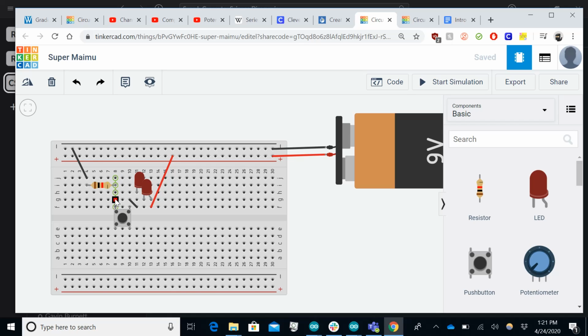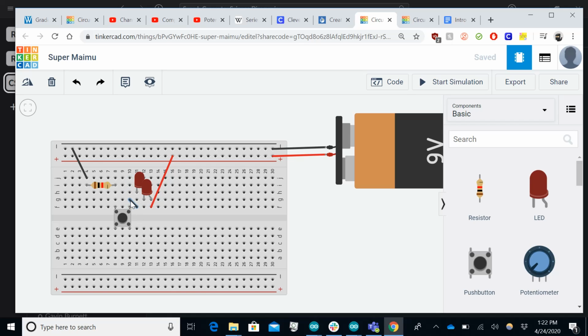At this point, there's no way for electricity to jump from here to be connected to this LED until I push the button down. When I push the button down, this and this are connected, and therefore this whole side and this whole side are connected. When those are connected, the negative continues to move on and goes to the negative pole of my LED.